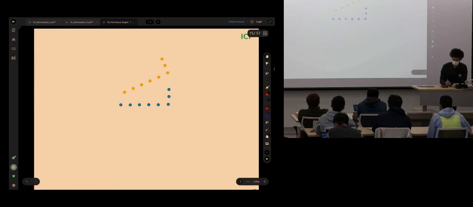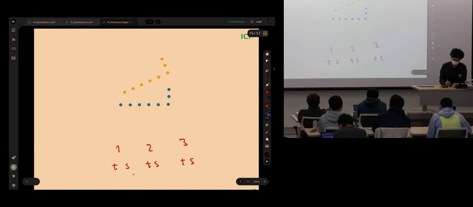If you have frame 1, 2, 3, you have target, source, target, source, target, source. Now next time your source becomes the new target, right?